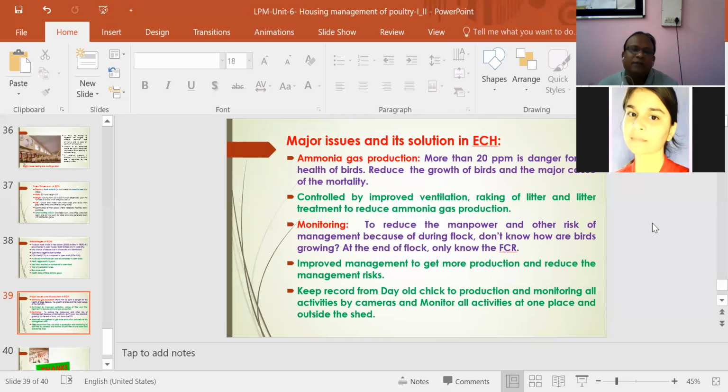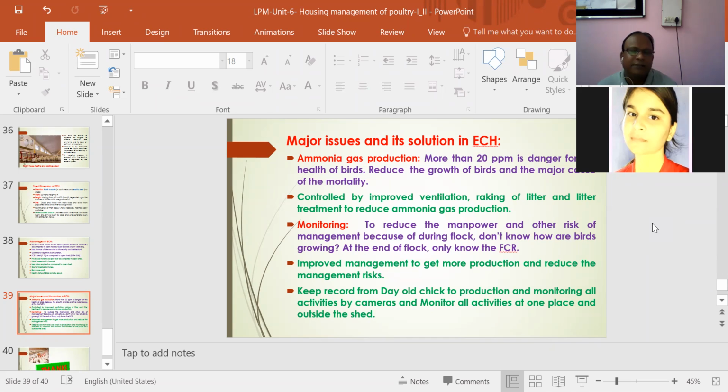How can it be solved? Improve management to get more production. Management practice should be improved to get more production and reduce the management risk. Second, keep the records from day-old chicks to the production stage, and monitor all the activities by camera.